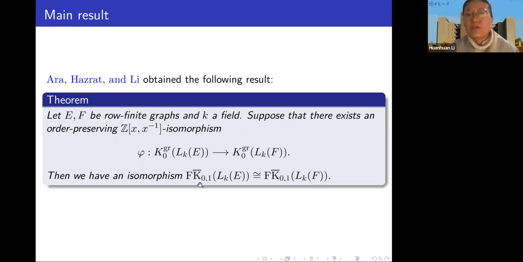Then we have the same filtered K theory for LE and LF. Actually, for this proof, we use the long exact sequence from K1 to graded K0 to graded K0 to K0. So we use the graded K0 to connect K0 and K1 together. So actually, we piece together all the K0 and K1 for ideals of the Leavitt path algebras.